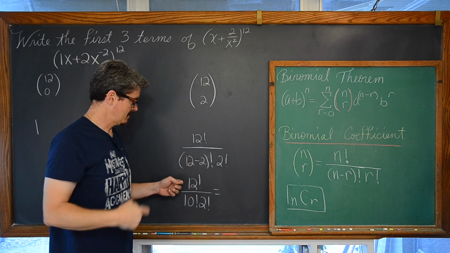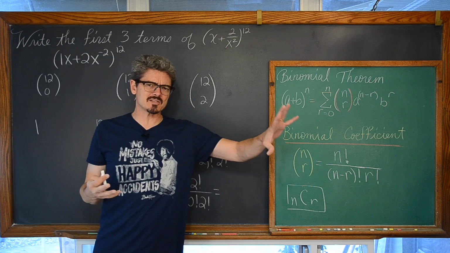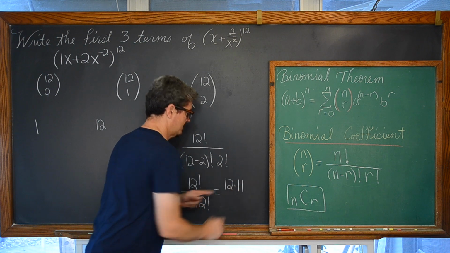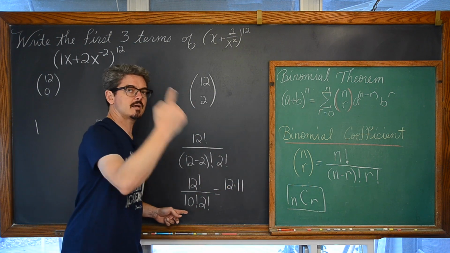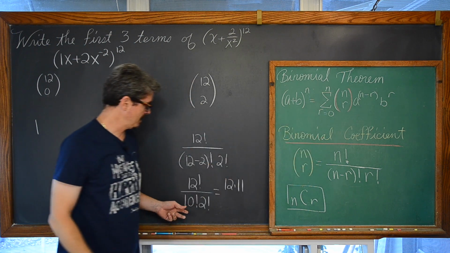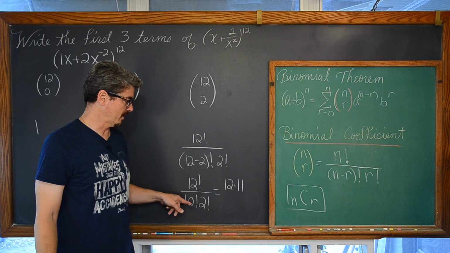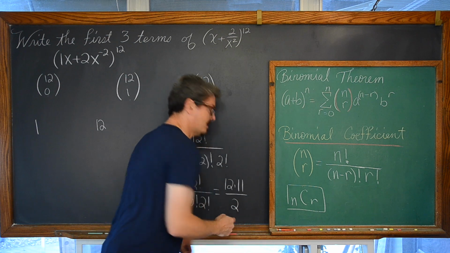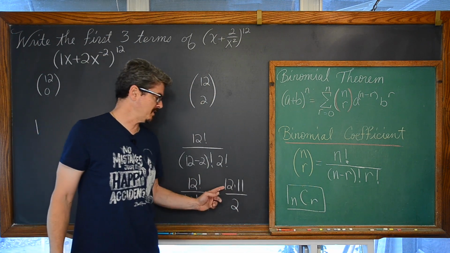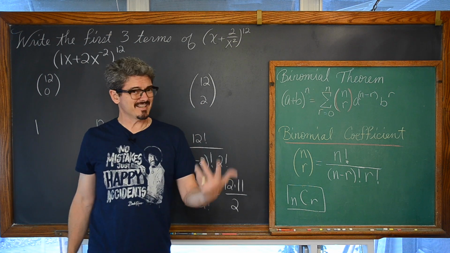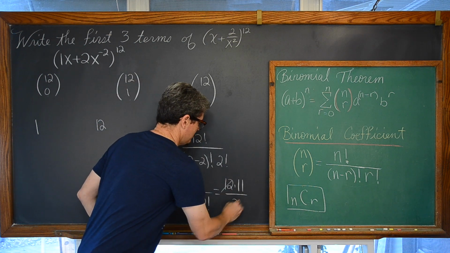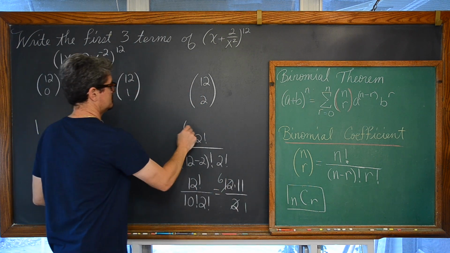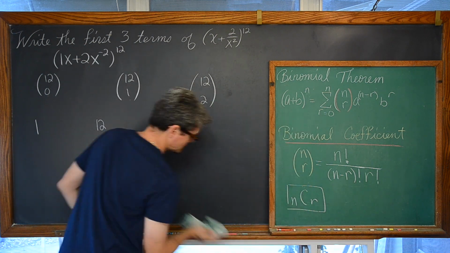Oh, wait a minute. 12 factorial over 10 factorial, after you write that expansion out, is just 12 times 11. Everything past 10, 10 times 9, 8, 7, 6, 5, 4, 3, 2, 1, is going to cancel with those common factors in the numerator. So we have 12 times 11 over 2 factorial, or 2 times 1, which is 2. For goodness sakes, please do not do 12 times 11 and then divide by 2. No. 12 divided by 2 is equal to 6, and 6 times 11 is 66.